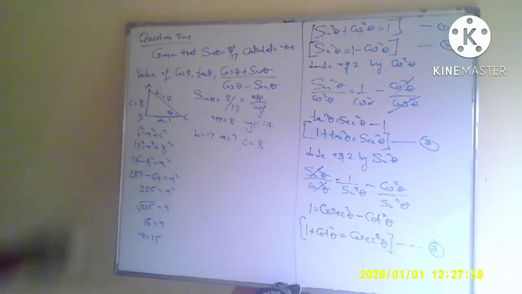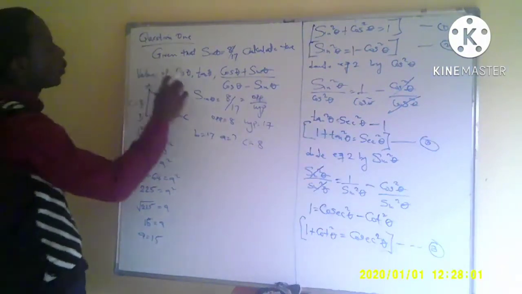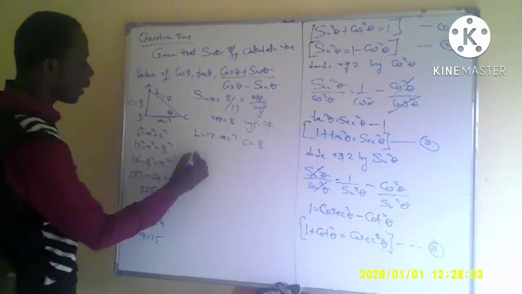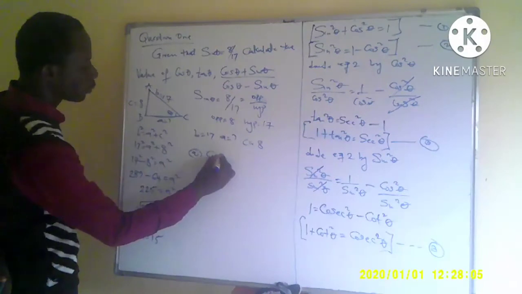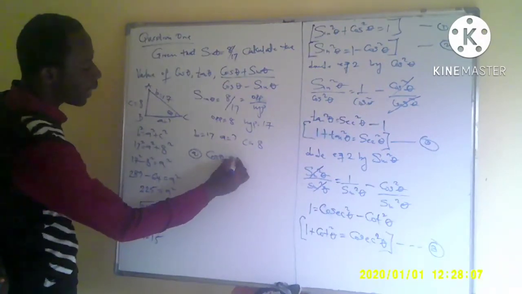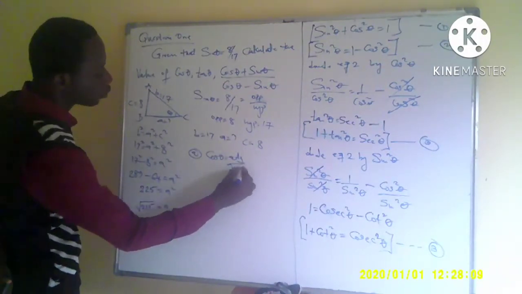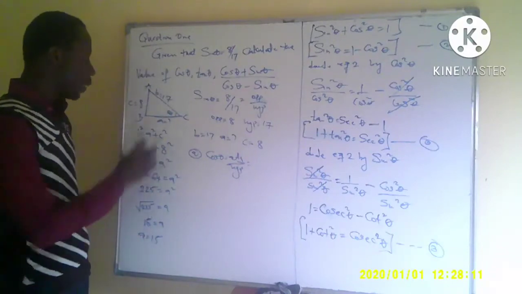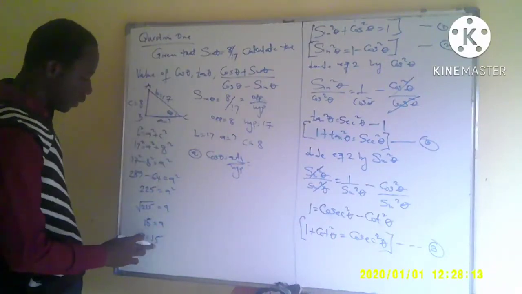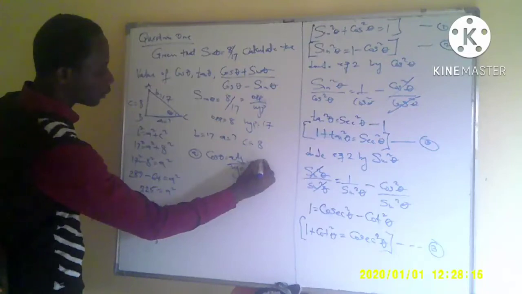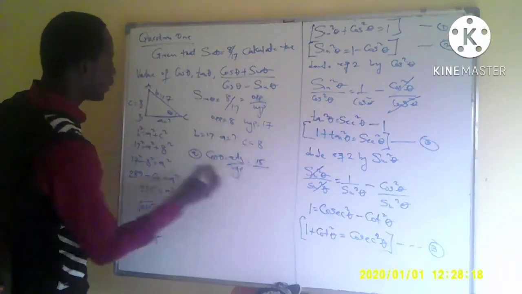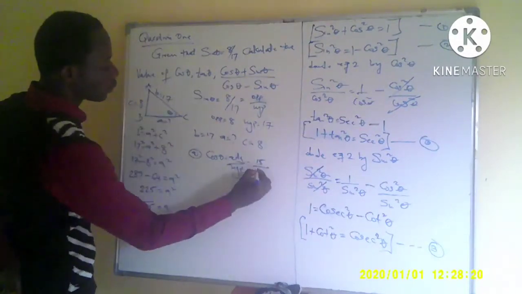It's equal to a. So our a, which is the adjacent, is equal to 15. The next thing to do now is find cos theta. What's cos theta? Cos theta is equal to adjacent over hypotenuse. What's our adjacent? Our adjacent is a. The value for our a is 15. So we have 15 over, what's the hypotenuse, the longest side? 17.